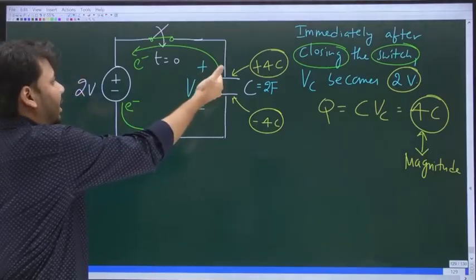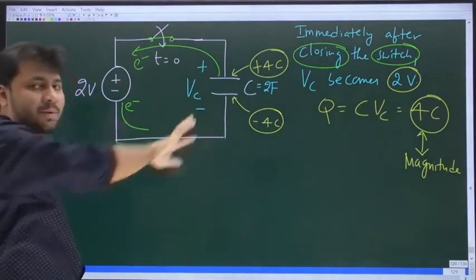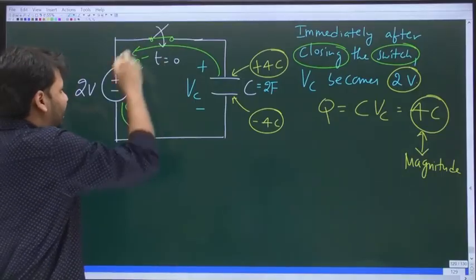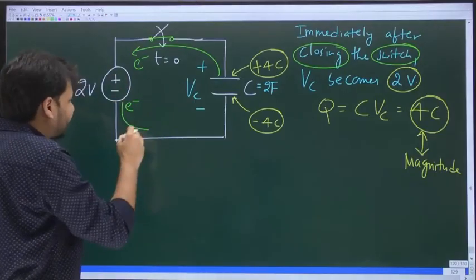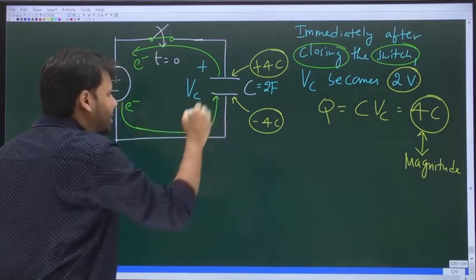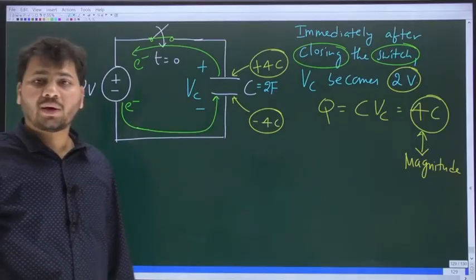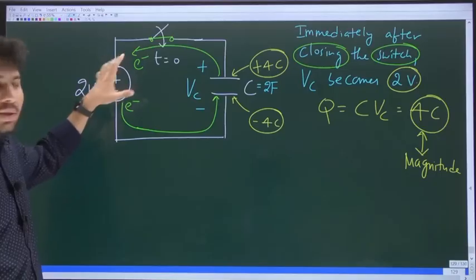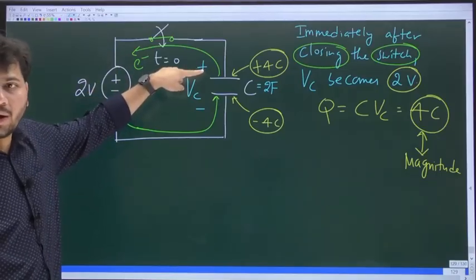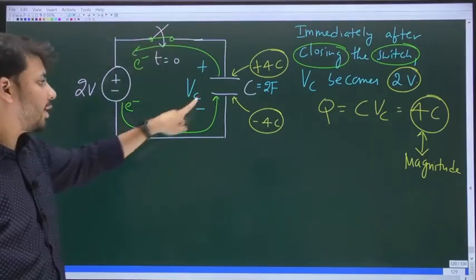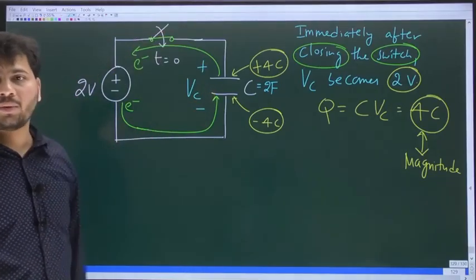Now the same electrons will come out at the minus side, and are they not going to get deposited on the bottom plate? So this voltage source pulls out electrons from the top plate, and the same electrons are deposited on the bottom plate.